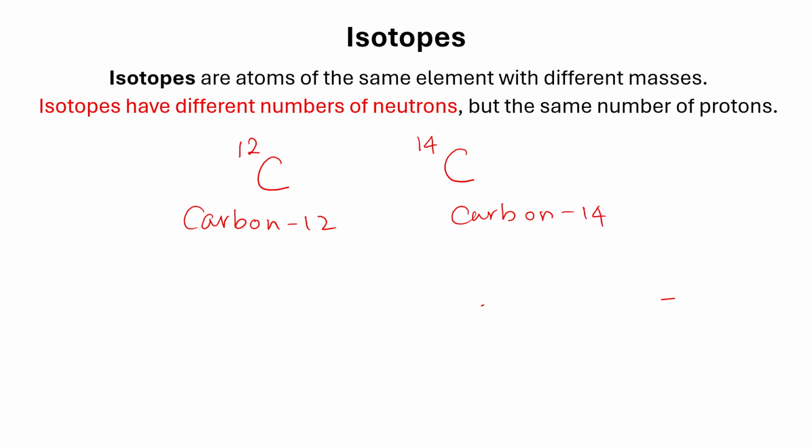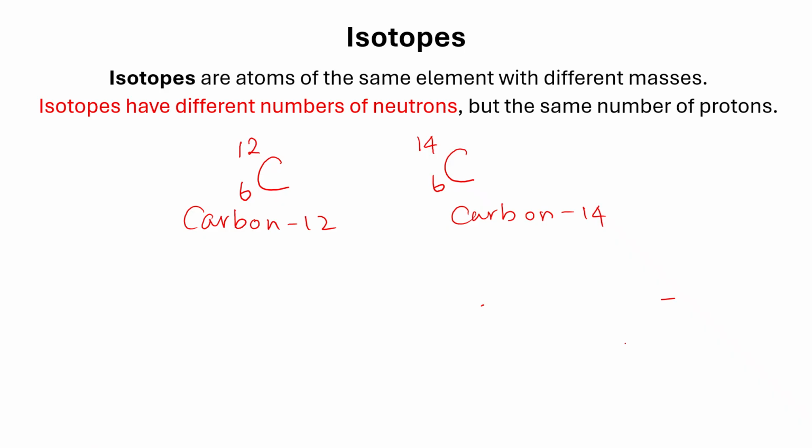Both are carbon atoms, therefore they have same atomic number, which is 6 here and 6. But carbon 12 has 6 neutrons while carbon 14 has 8 neutrons since their mass number is different. Because they have same number of protons, they are still same element but different number of neutrons giving them different mass number.